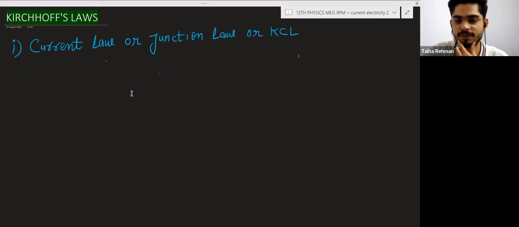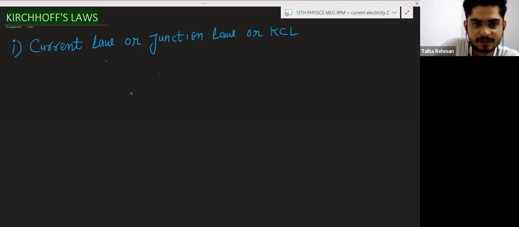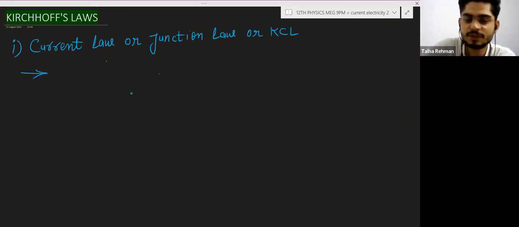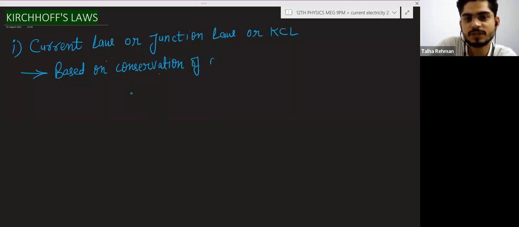So this law is very easy and very simple. And this law is based on the conservation of charge.